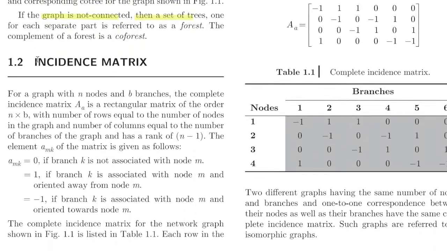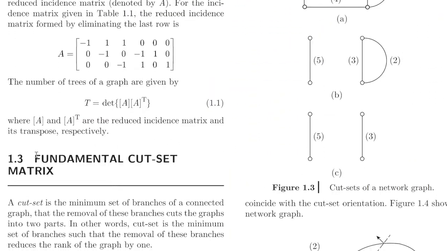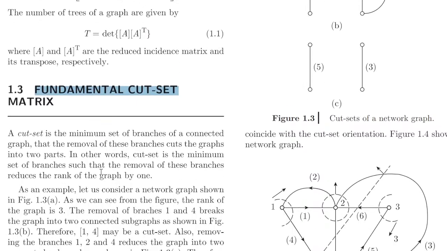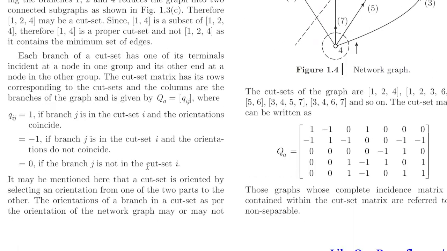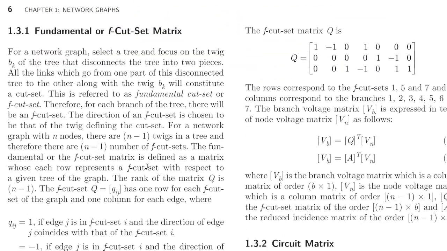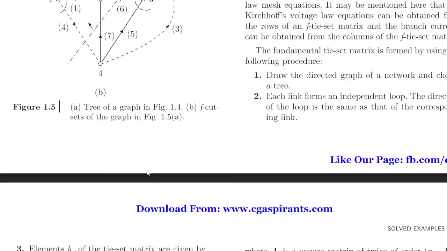Next we see the impedance matrix. What is this, and how do we find it? The fundamental cut set matrix, how the cut set works, and how we find all these things: the circuit matrix and the cut set matrix.